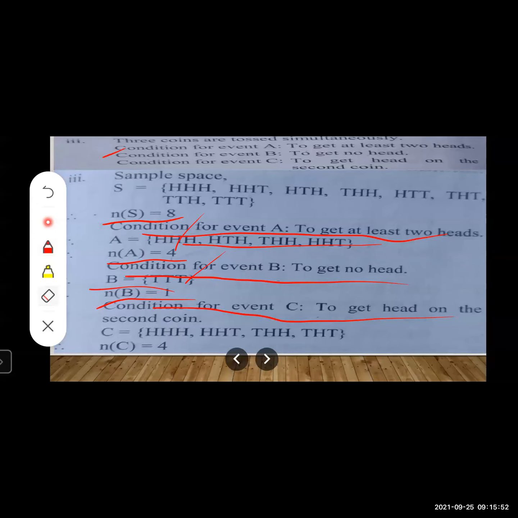What do we want? We want head in the middle, right? So, see this. Head is there in the middle? Yes. Here head is not there, so we can't take. Head is there in the middle? Yes. Here again head is not there in the middle. Again here we can't take this because head is not there in the middle.